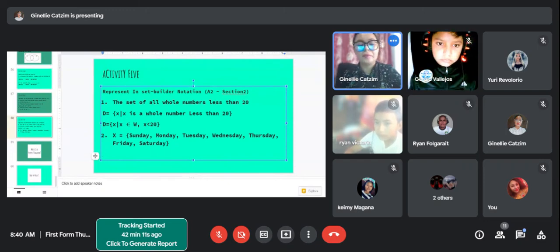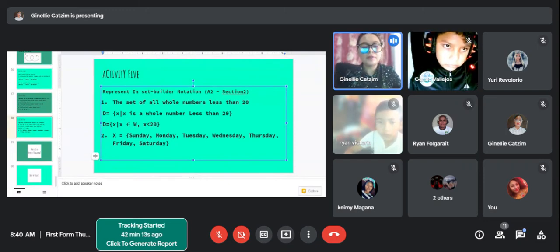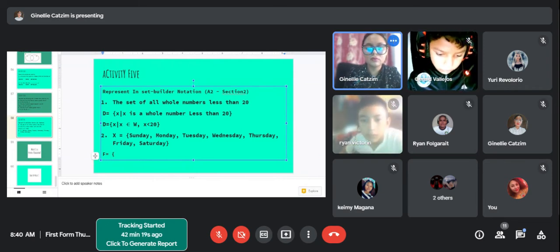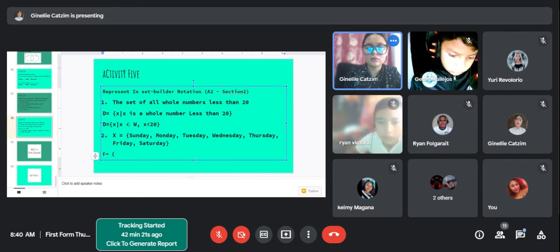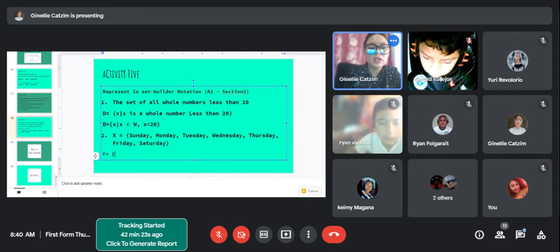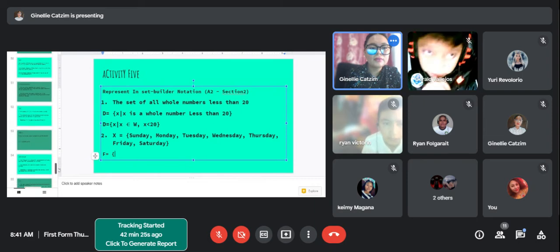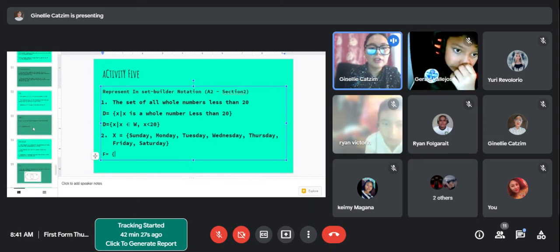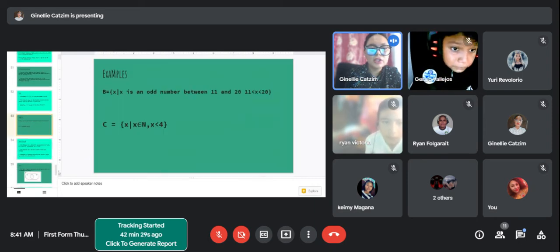So how would we represent this one? Anyone has an idea? Remember, we have it here, the set builder notations.